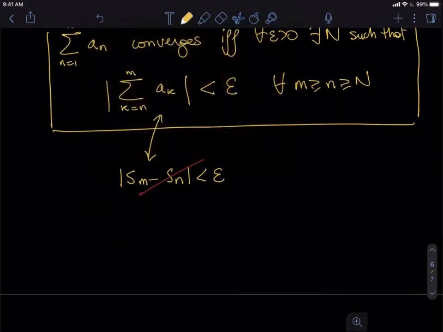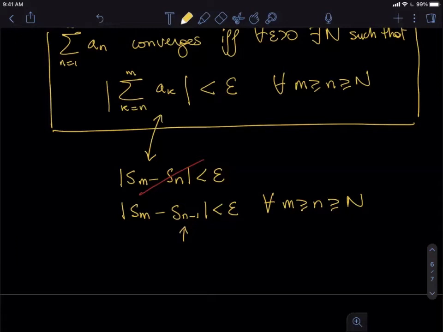What we are actually saying is Sm minus Sn minus 1 is less than epsilon for every m bigger or equal than n bigger or equal than capital N. Okay, this is the Cauchy condition that we saw, that the terms would be closer and closer as n would grow. But here writing Sn minus 1 doesn't matter. One term more or less is not going to change the convergence of the series or the sequence.